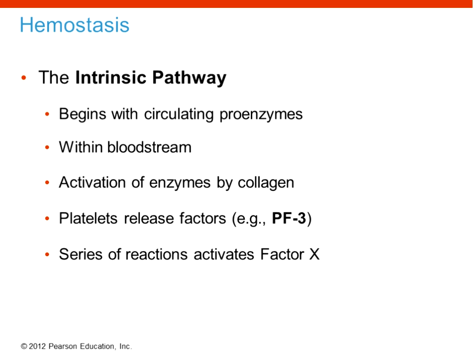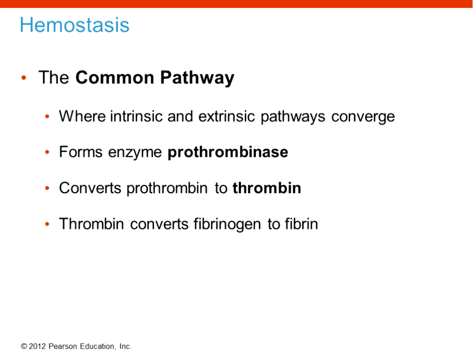We recognize that there are collagen fibers in that connective tissue. Those collagen fibers are going to help activate the enzymes for the intrinsic pathway. So the platelets release other clotting factors, and then it's going to also promote a series of reactions that will activate factor 10.